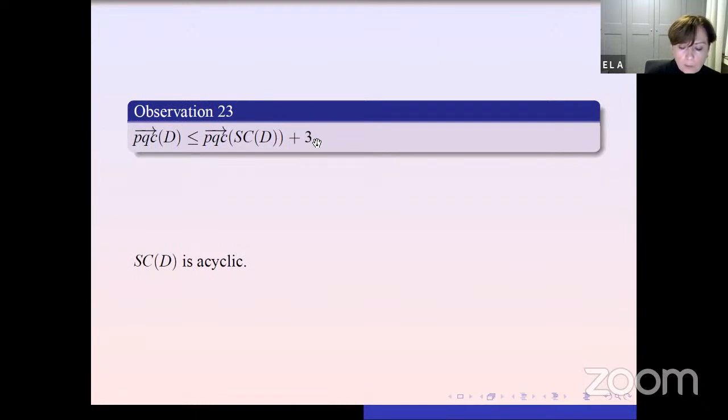We know that each strong component can be colored with 3 colors, so if we color the arcs using the colors which we use in the strong component digraph, we can obtain the coloring of the whole digraph. And we know that the strong component digraph is always acyclic. So according to this, it is interesting to consider the proper quasi-connected coloring of acyclic digraphs.